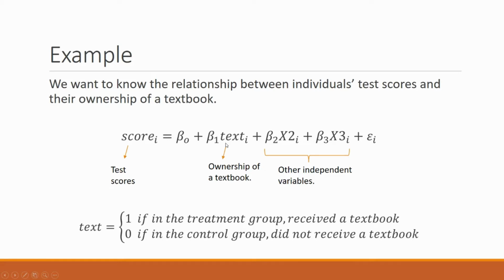If we randomly assign textbooks, that means a random subset of this sample population will have a textbook. So text will equal 1 if they're in the treatment group and receive a textbook, and text will equal 0 if they're in the control group and did not receive a textbook. That would be random assignment. We randomly determine who gets a textbook and who doesn't.